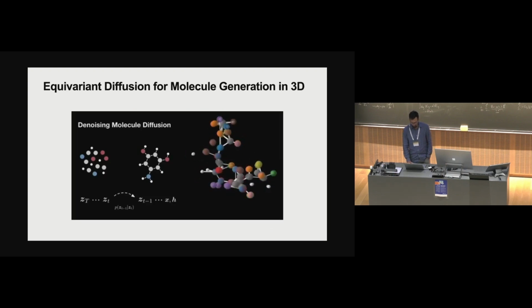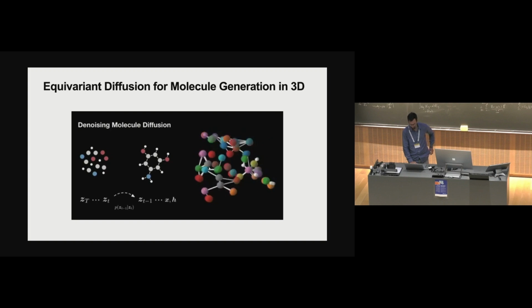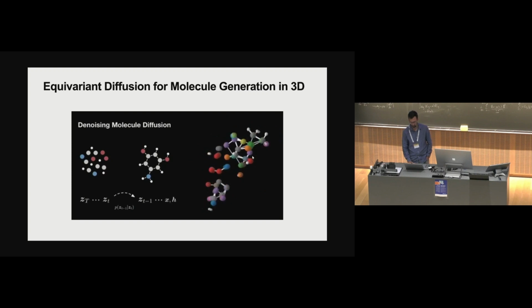So basically, this is what the equivariant diffusion model is doing. We just sample a bunch of Gaussian noise. We have a set of points, and we sample them from a Gaussian distribution. Then we apply this denoising process that is going to generate these molecules, and we train this process from a molecule dataset.